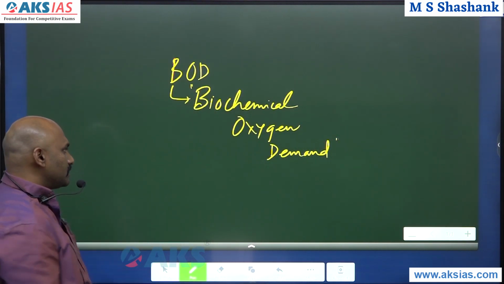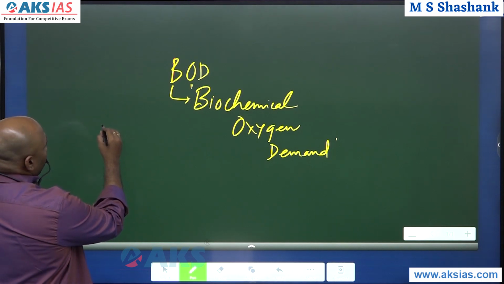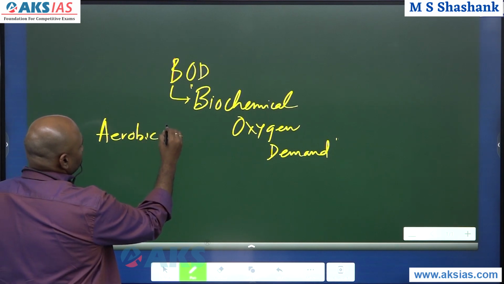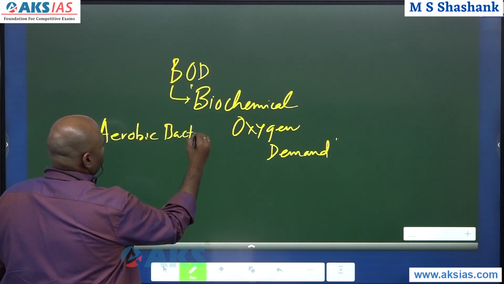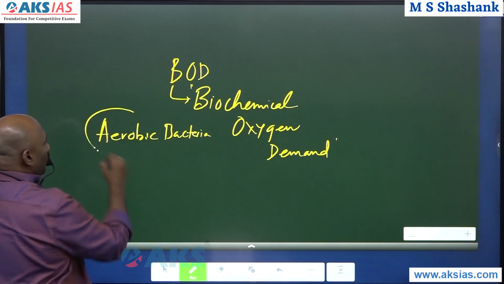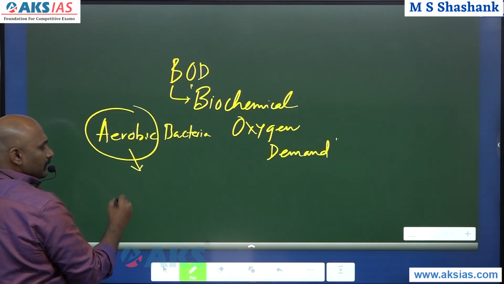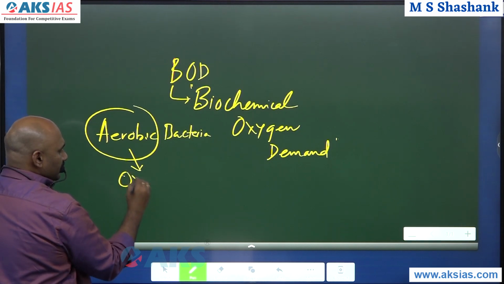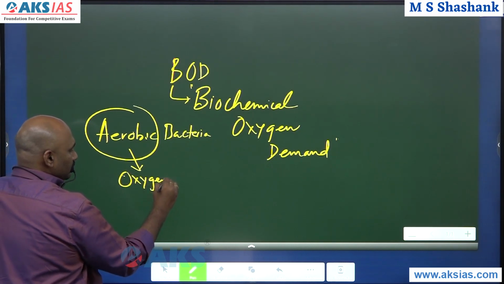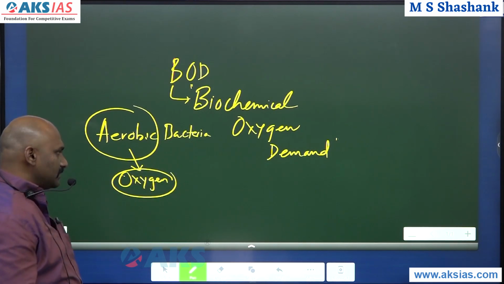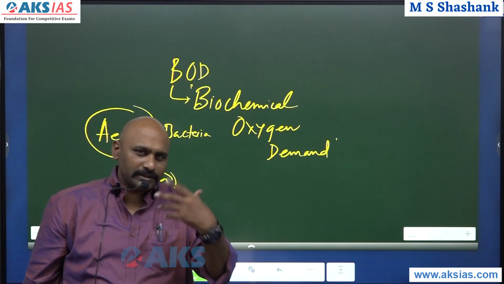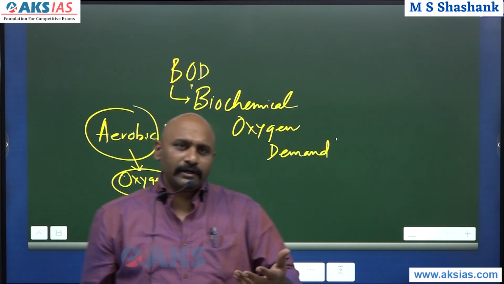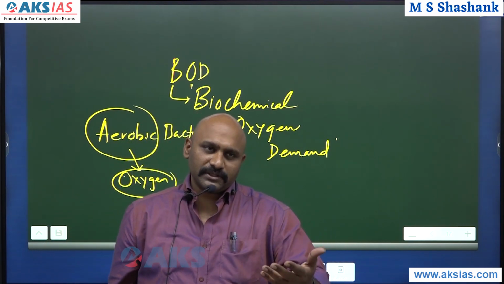Now what you have to understand is there is some bacteria called aerobic bacteria. The word aerobic fundamentally means related to oxygen. So a lot of these aerobic bacteria need a lot of oxygen to survive. And the beauty of it is the concept of symbiosis.